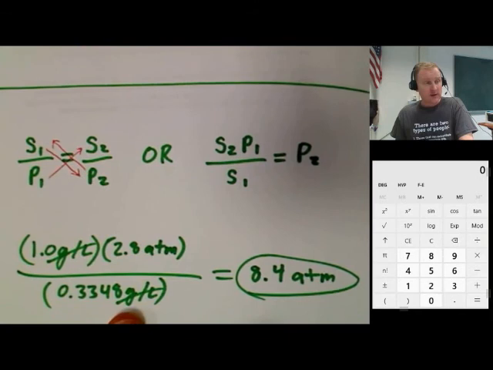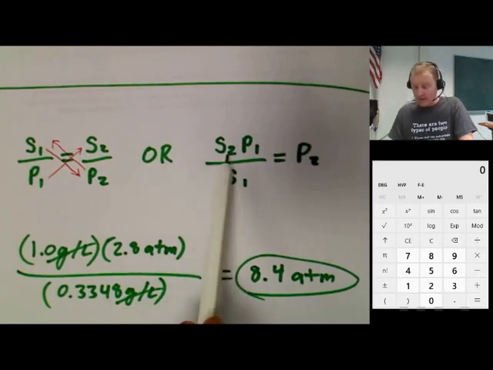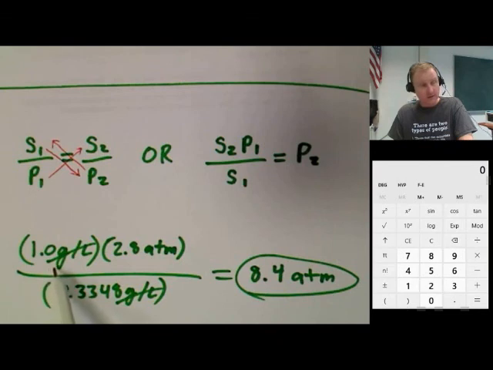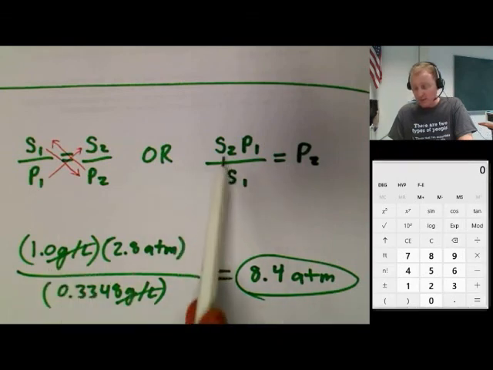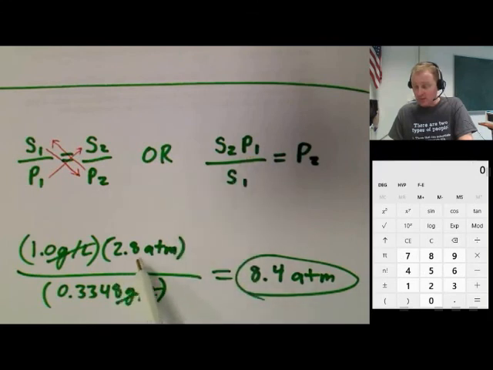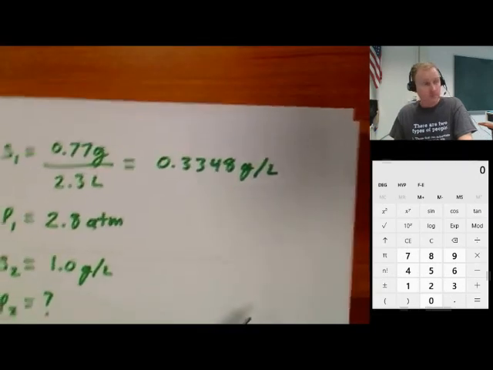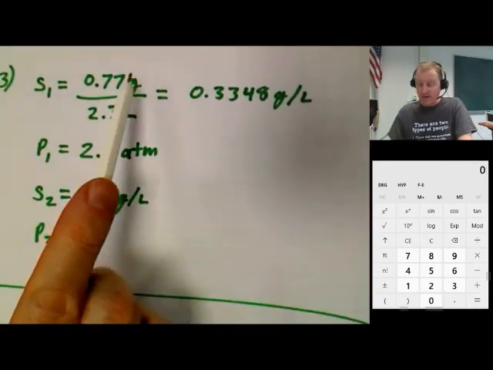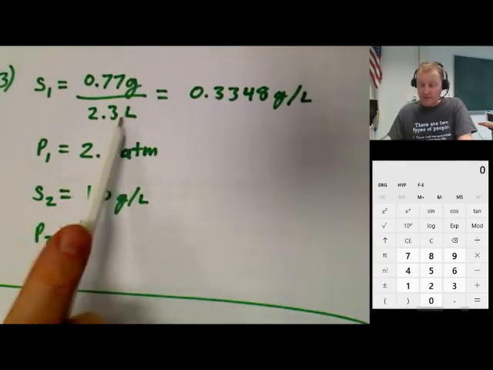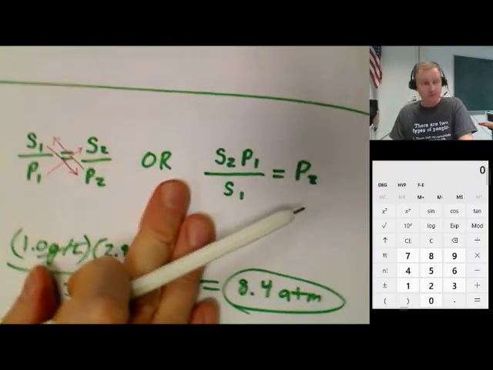And when we work this out, plugging it in, my second solubility was 1 gram per liter. That's what I want to know: what's the pressure going to be when I have 1 gram per liter? My first pressure was 2.8 atmospheres, and my first solubility was 0.3348 grams per liter, which is figured out by dividing my grams dissolved in 2.3 liters.